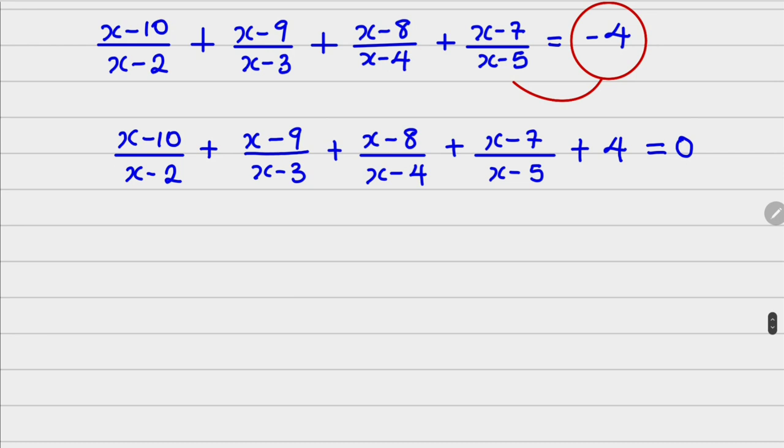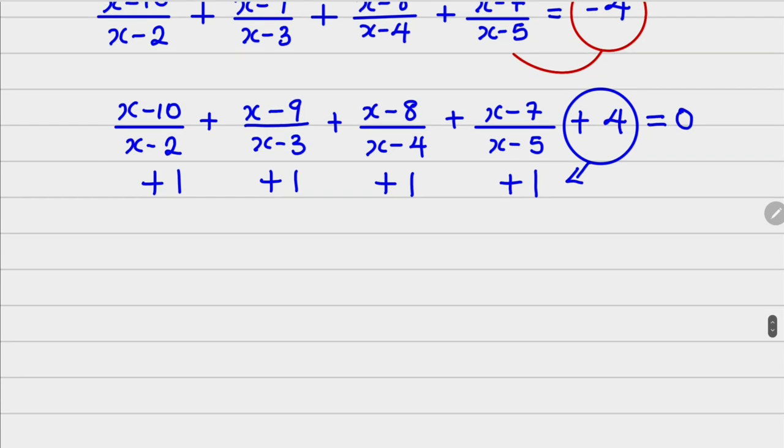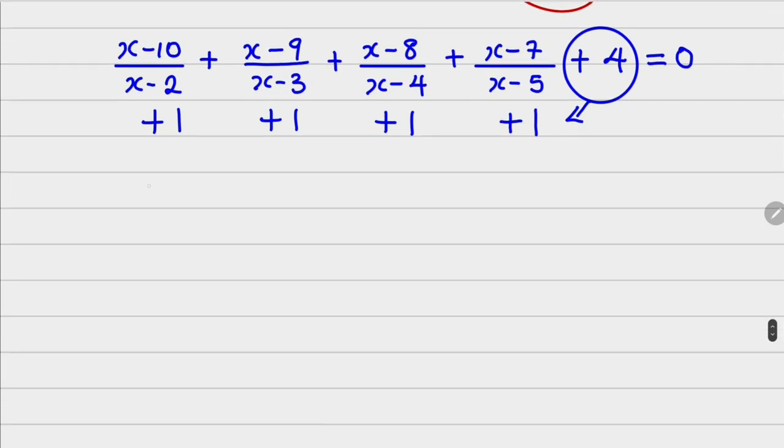Now, because of the pattern that I told you, I'm going to take away this 4 by distributing plus 1 here, plus 1 here, plus 1 here, and plus 1 here. That is what I'm going to do. So I'll take away this 4 to do that. Now, this is what I'm going to have.